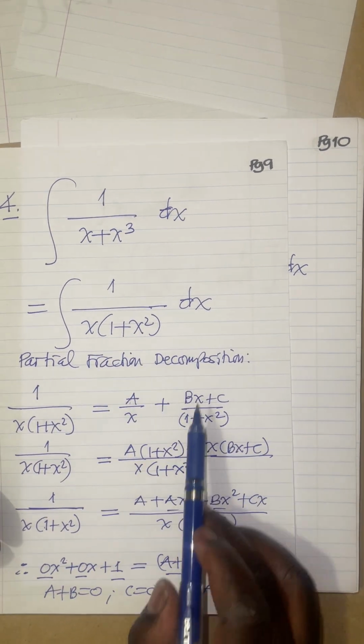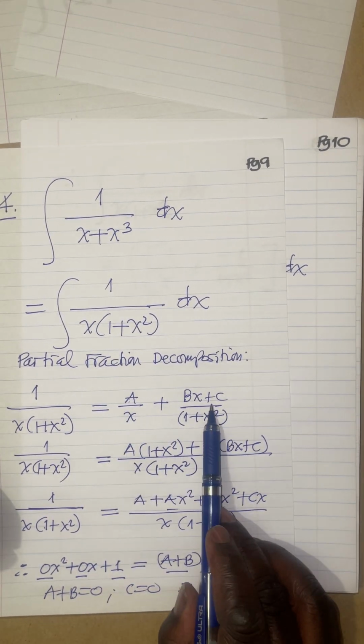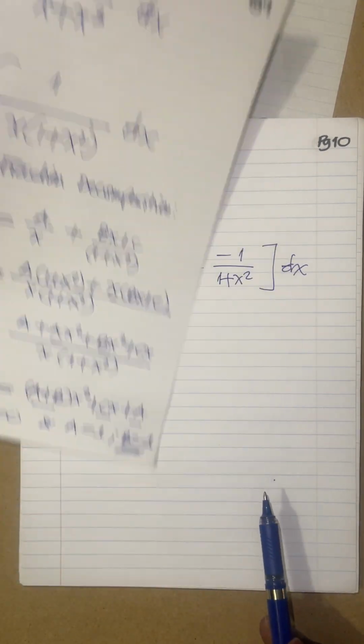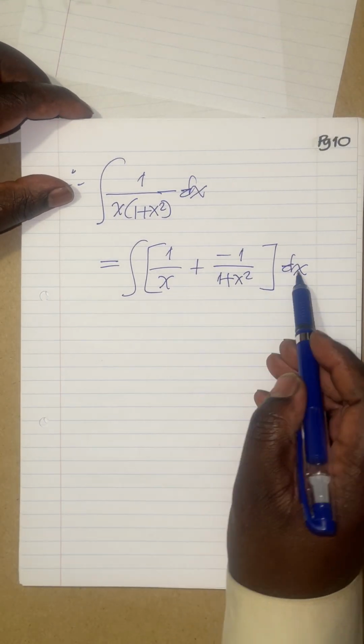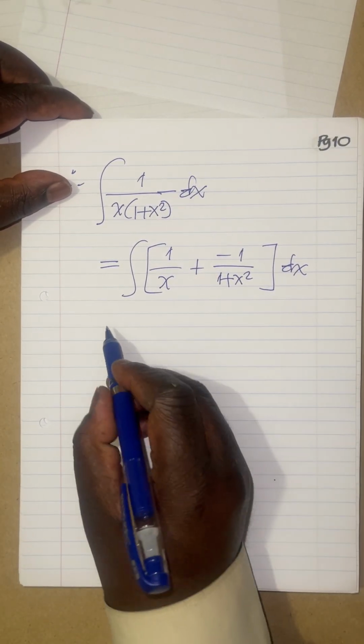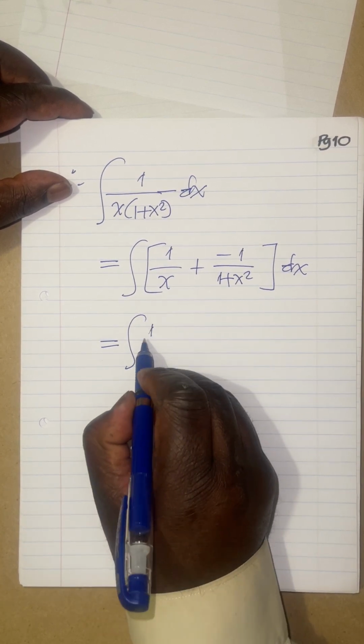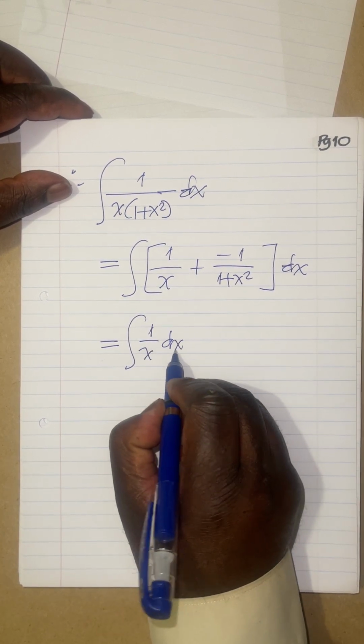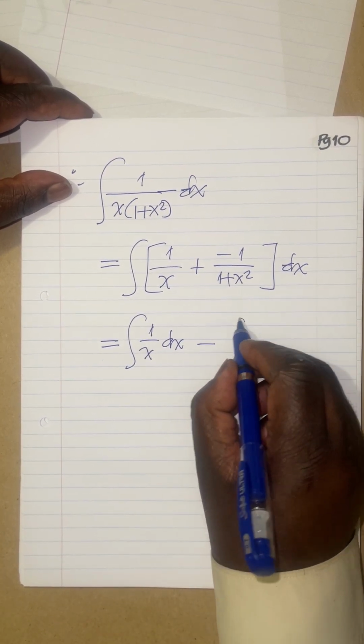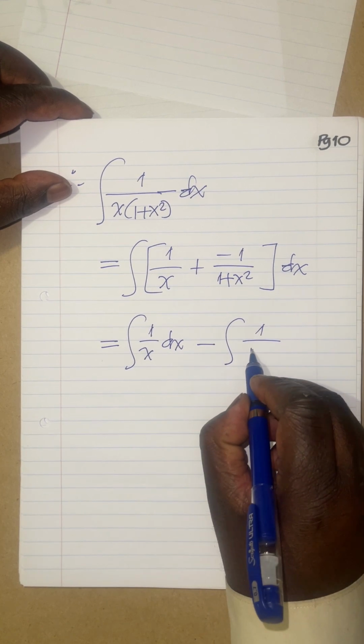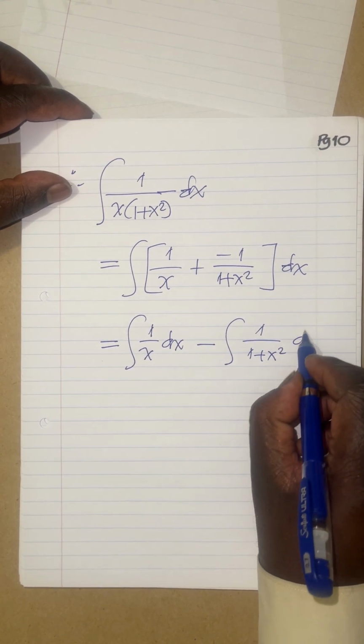It's easier this way. Let's distribute the integral sign. This is going to be equal to the integral of 1 over x dx, minus the integral of 1 over 1 plus x squared dx.